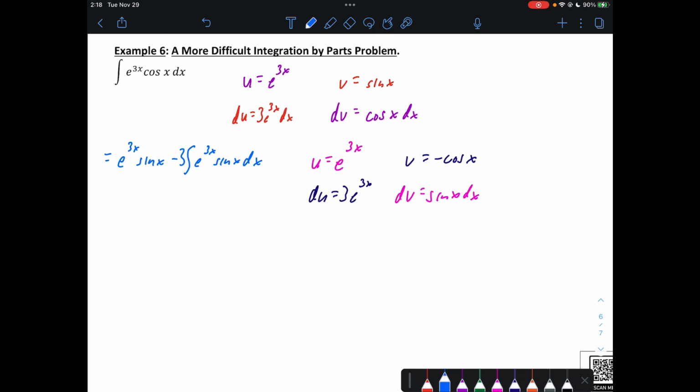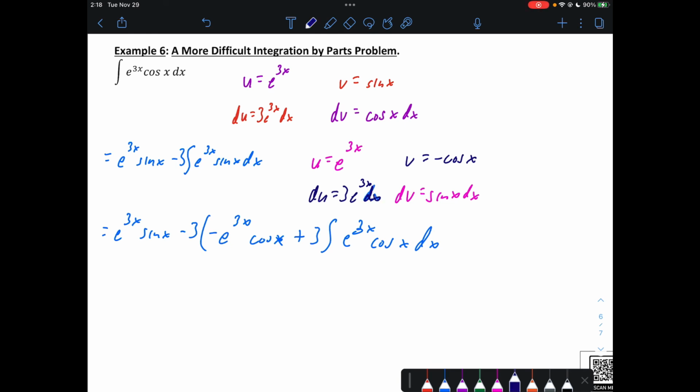So now my answer will be e to the 3x sine x minus 3, and then this is our other parts here, so it's going to be uv, so negative e to the 3x cosine x, minus the integral of v du, so it's going to be negative 3 e to the 3x cosine x dx.